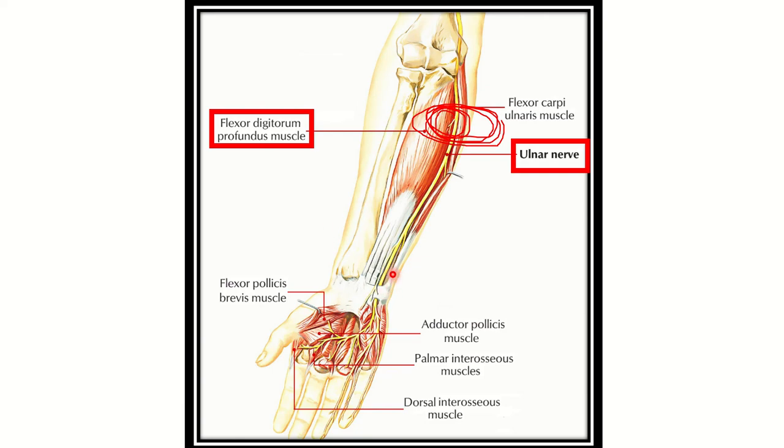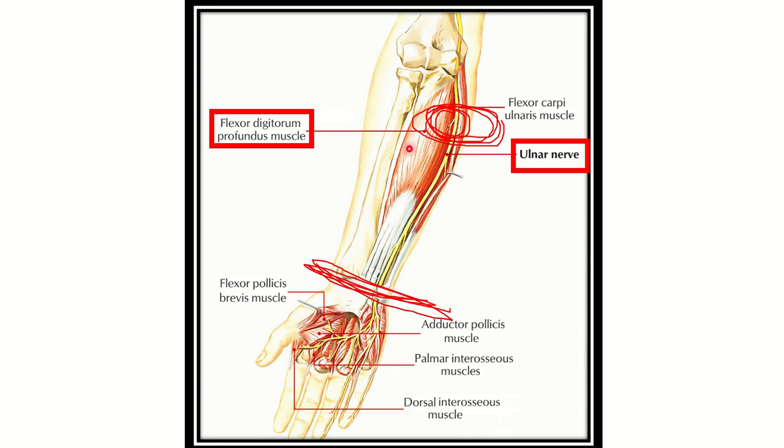So now, the injury: where is the injury? First of all, if the injury occurs at the wrist, what will occur? We know that the flexor digitorum profundus receives its nerve supply in the proximal part, so the function of this muscle will not be impaired.